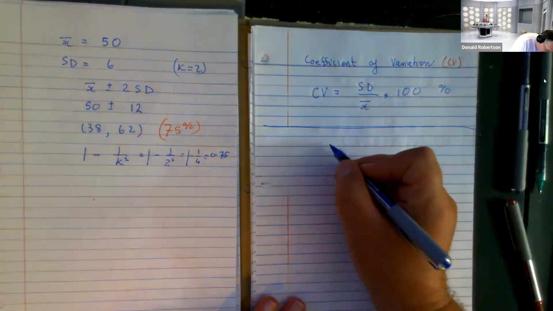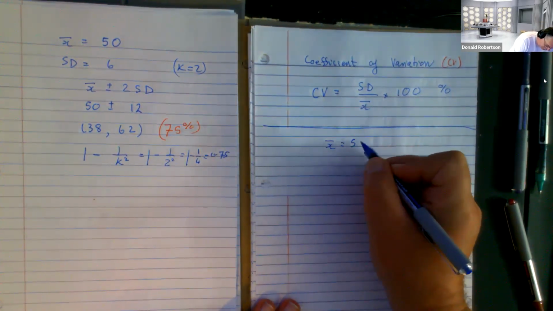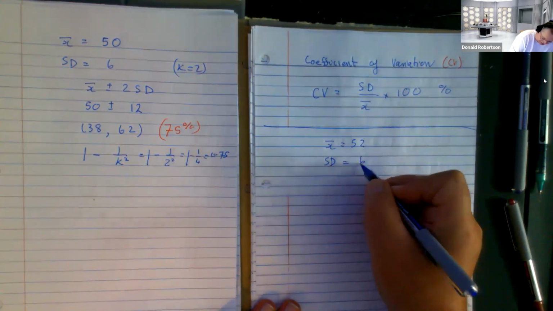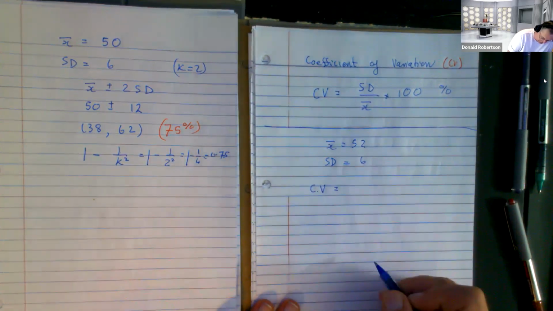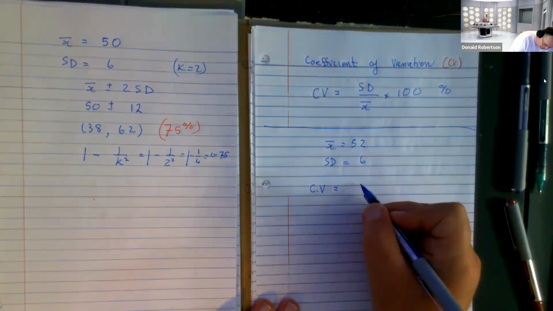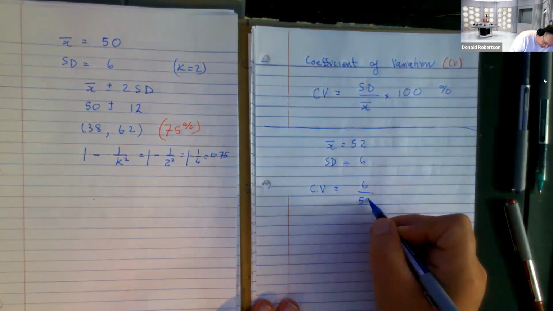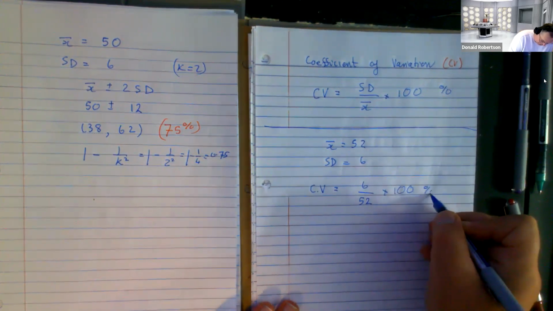So suppose the mean was 52 and the standard deviation was 6, and I would like to know the coefficient of variation. You would take 6, divide it by 52, and then multiply it by 100 to get a percentage.